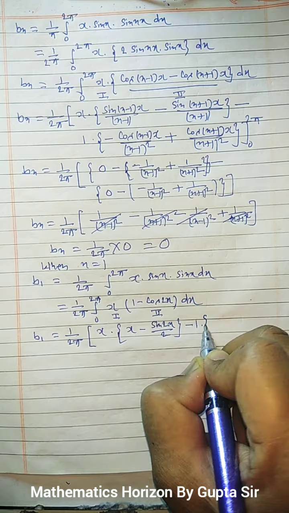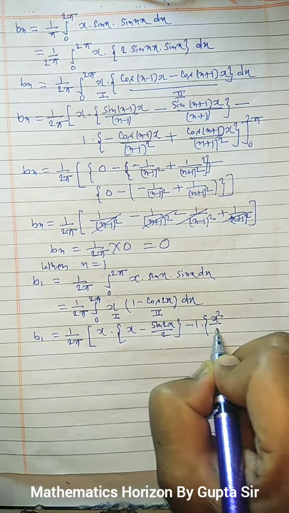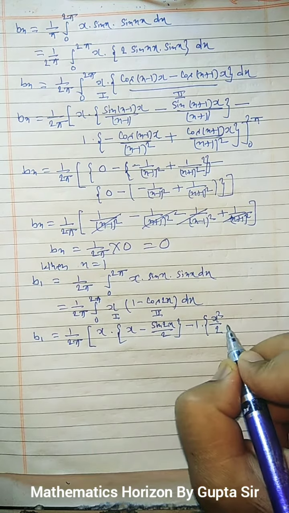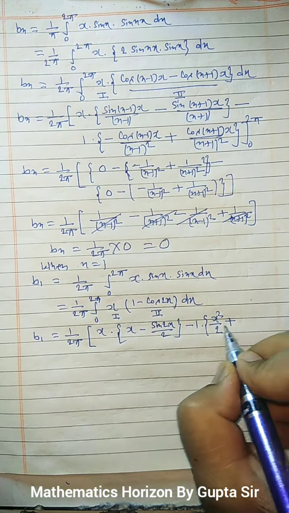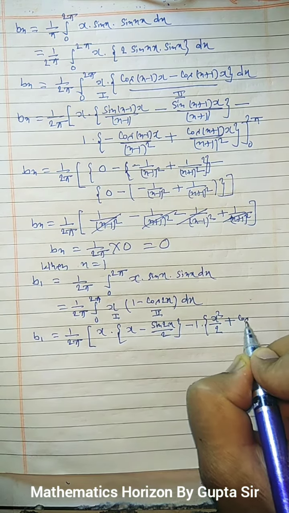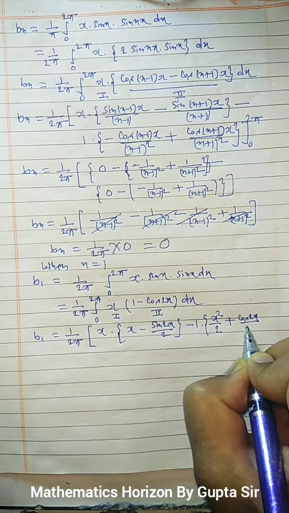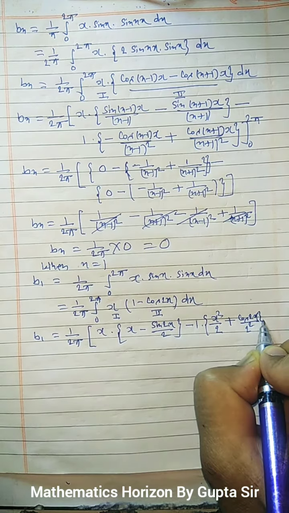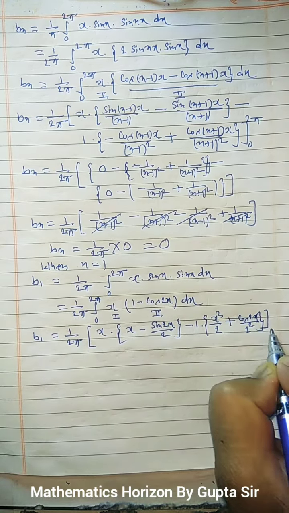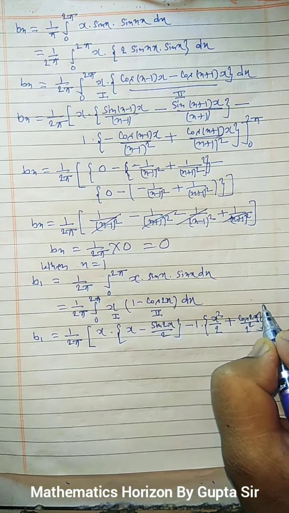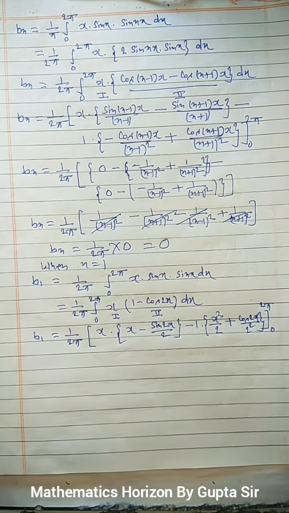Integration of this term is x square by 2, and integration of sin 2x is minus cos 2x upon 2, so minus minus plus cos 2x upon 2 square, with limits 0 to 2 pi.